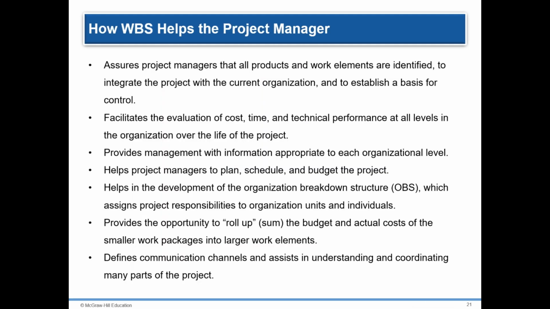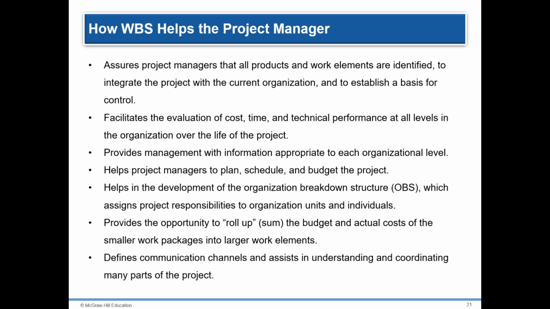The WBS defines all the elements of the project in a hierarchical framework and establishes their relationships to the project and end items. Think of the project as a large work package that is successively broken down into smaller work packages. The total project is the summation of all the smaller work packages. This hierarchical structure facilitates the evaluation of cost, time, and technical performance at all levels in the organization over the life of the project.